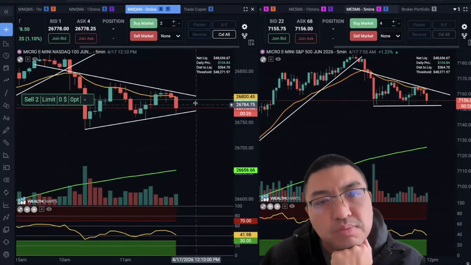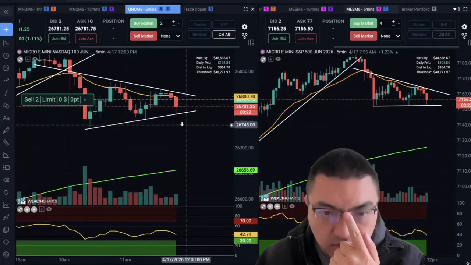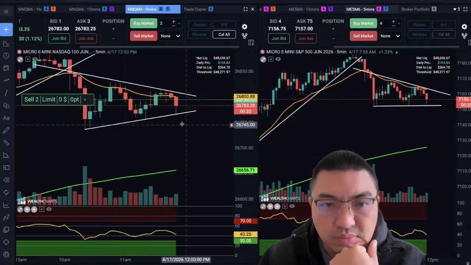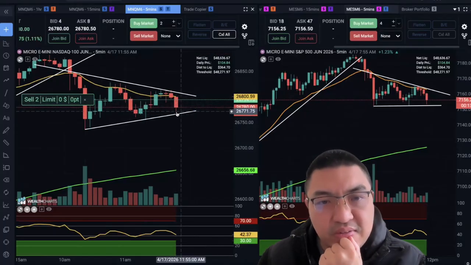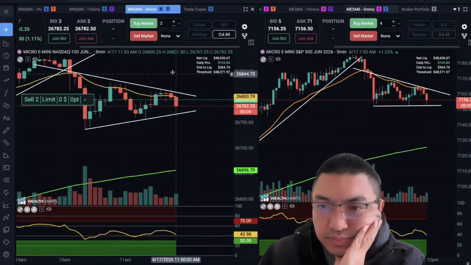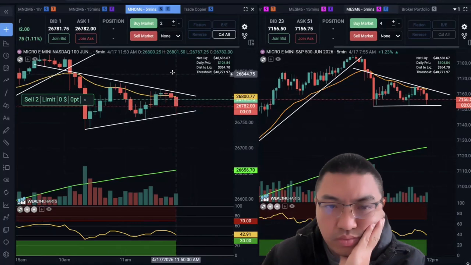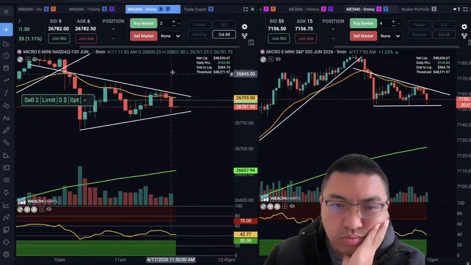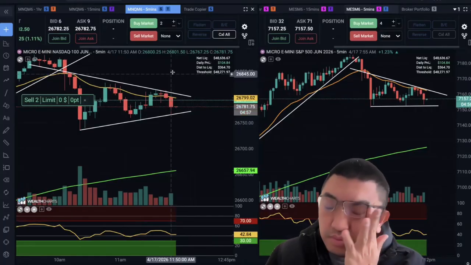Oops. What happened? Trying to trap me. If I go short when momentum comes in, then I'm going to get trapped here and it keeps going up. But it still gets rejected. Okay, see this one.